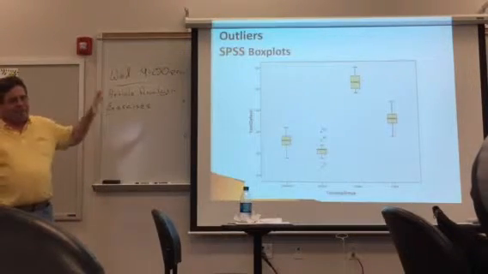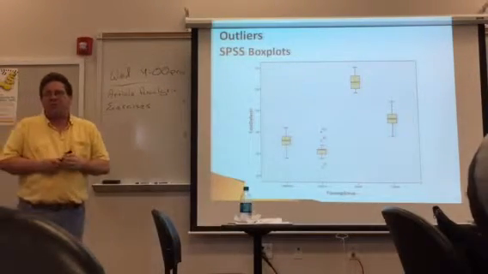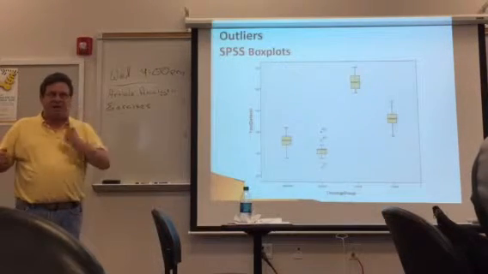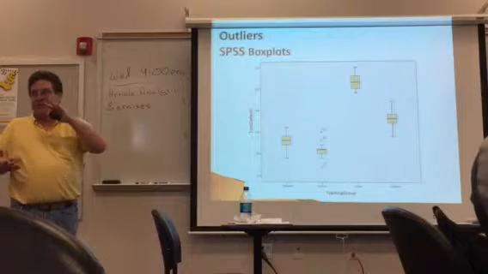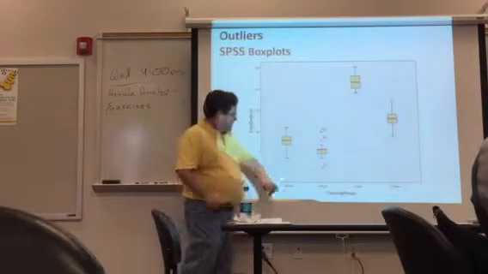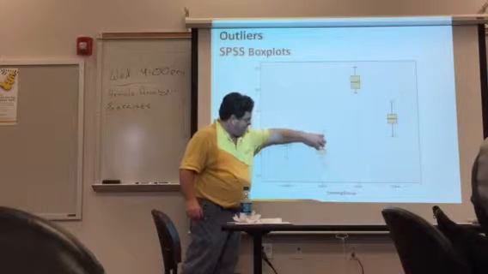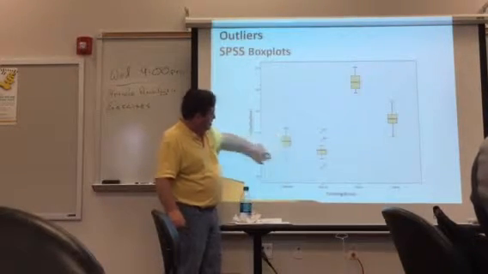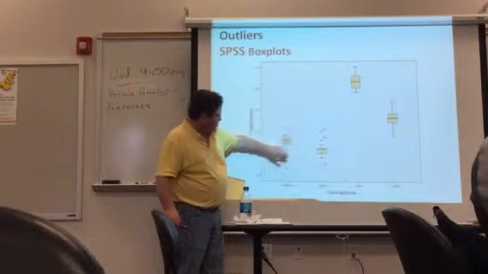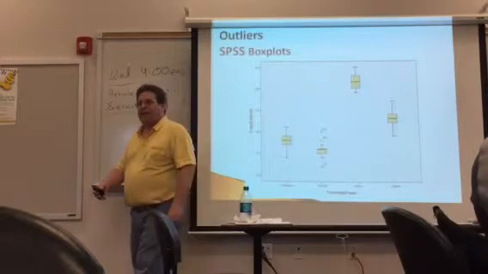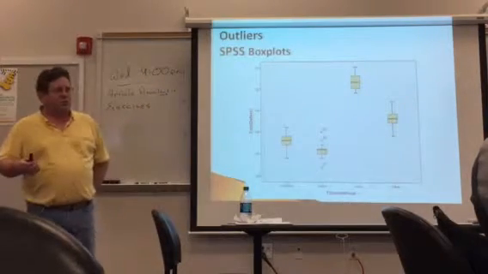So box plots are an old tool. Back when people didn't have a lot of computer power, or if any, this was a real quick, easy way to illustrate what the data looks like. This one has an odd shape to it, but if you look at this one, your mean is right about here, your interquartile range, and so you can look at it and pick up some information pretty quickly.